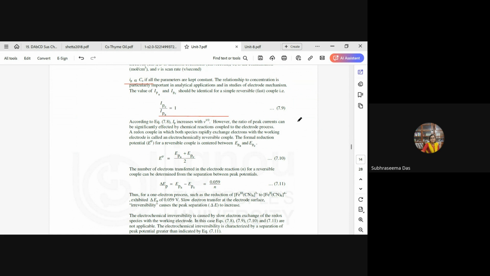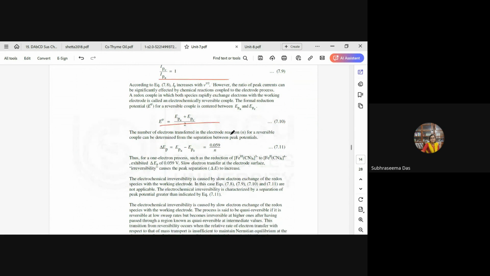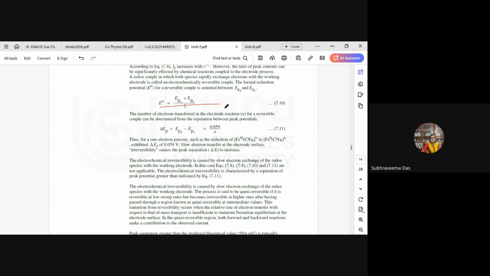Then the formal reduction potential for the reversible couple can be given as E0 = (EPA + EPC)/2. The number of electrons transferred in the electrode reaction, that is n, can be determined from the separation between the peak potentials, and here delta EP is given as 0.059/n.